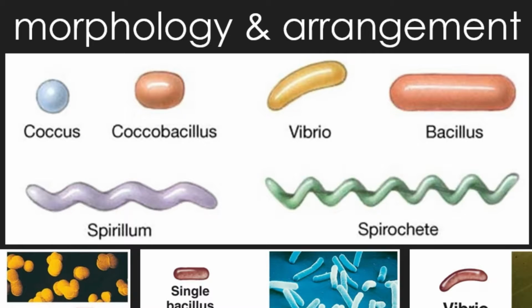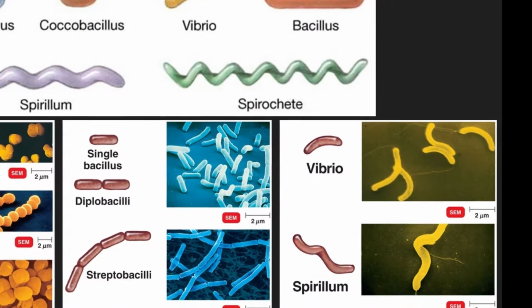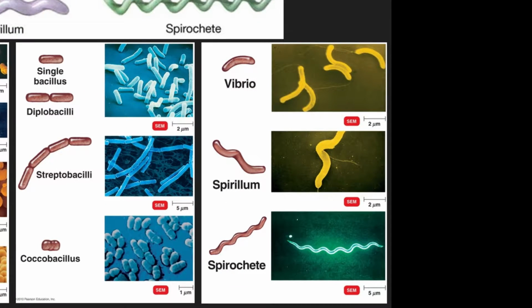So if you look at the right-hand side of your screen, you see a drawing of a vibrio and then a scanning electron micrograph of some vibrio cells. You can see a bit of a spirillum there and then a spirochete, and really look there between the spirilla and the spirochete and notice the difference in how coiled those cells are. And that's one big difference between those two.